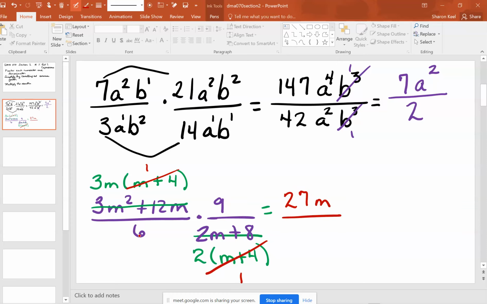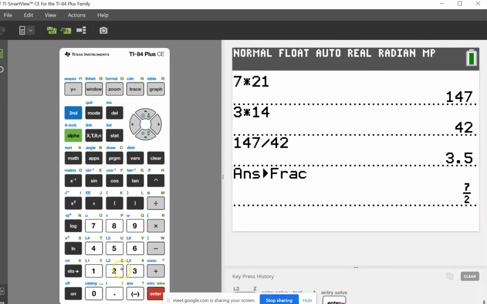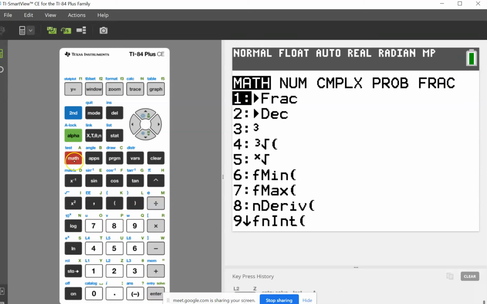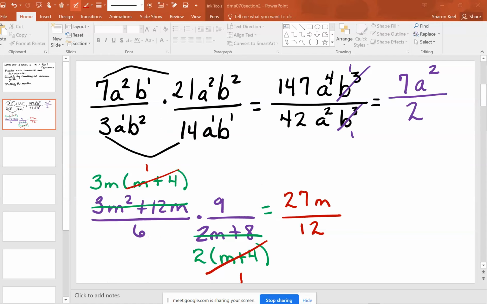In my denominator, I have a 6 times 2. That gives me 12. Then I'm going to use my calculator and check. I'm going to do 27 divided by 12, and see if I can reduce that fraction. That simplifies to 9 over 4. So my final answer is 9m over 4.